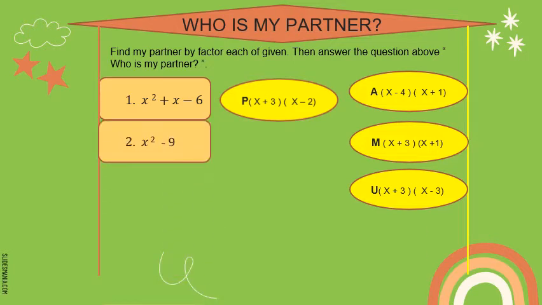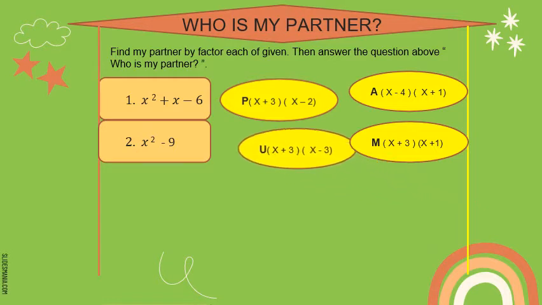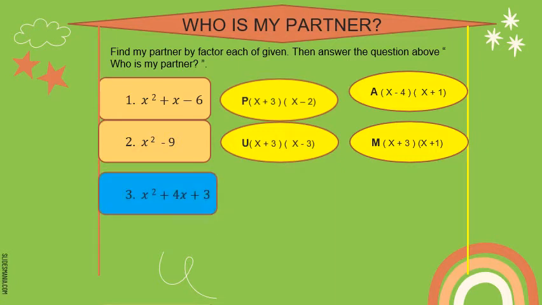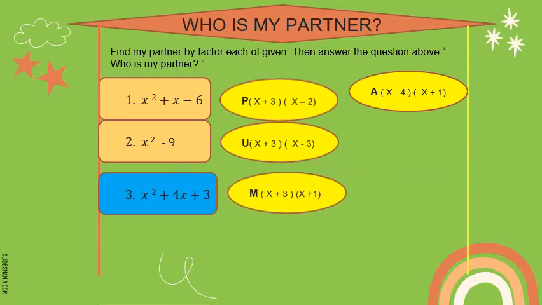For the second question, we have x squared negative 9. And that is quantity x plus 3, quantity x minus 3. That's the factor. Next, number 3, we have x squared plus 4x plus 3. The factor here is quantity x plus 3, quantity x plus 1.